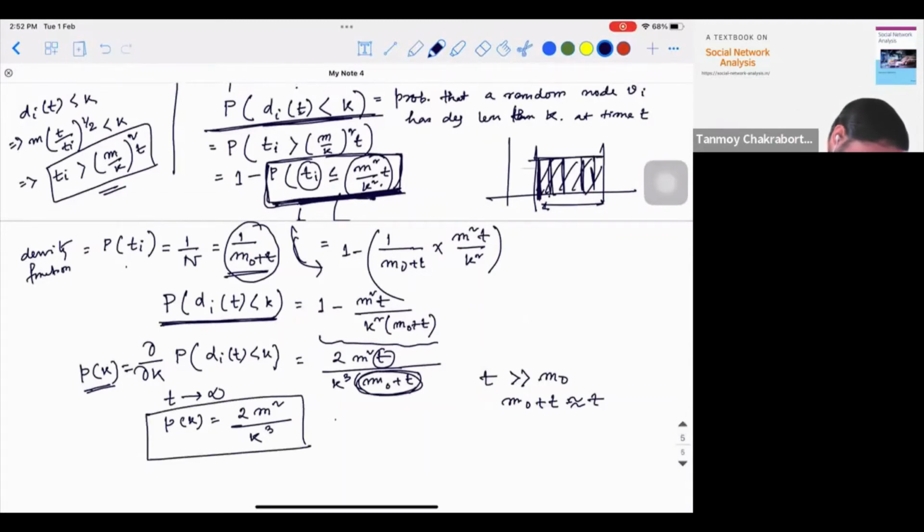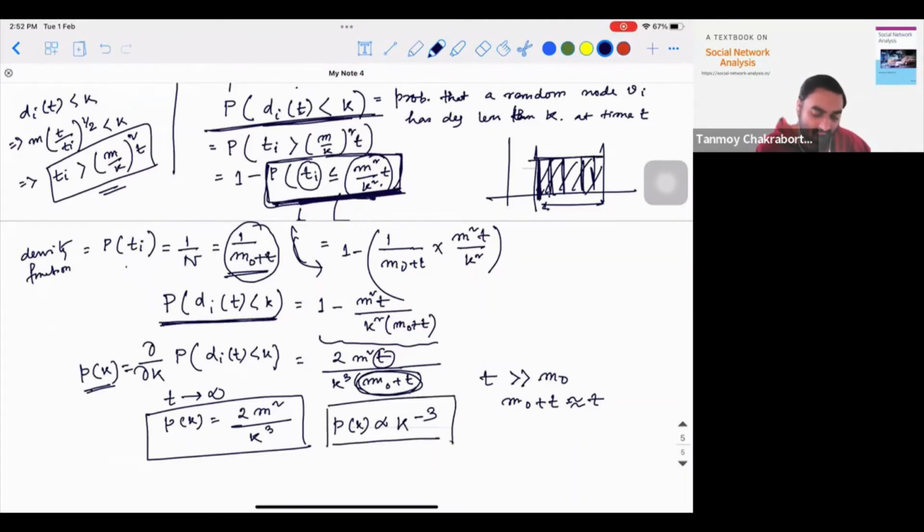So you see that pk is proportional to k to the power minus 3. Therefore, the degree distribution follows the power law property, and therefore it is scale free.